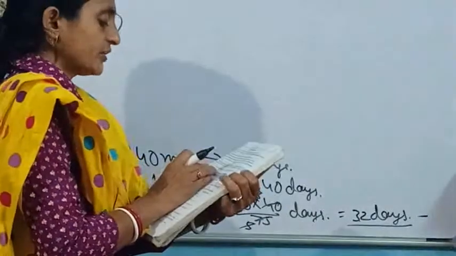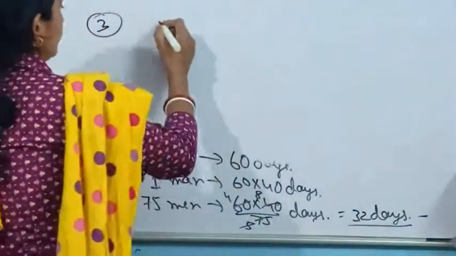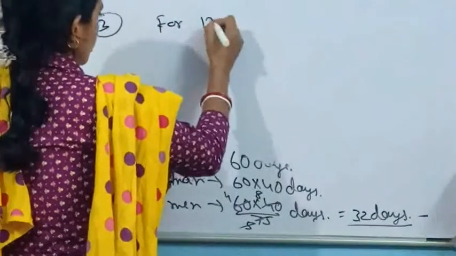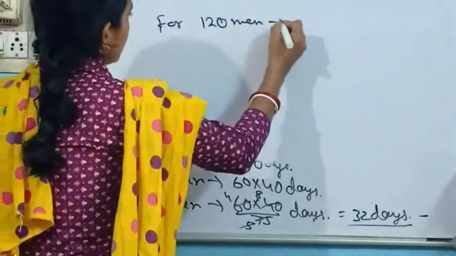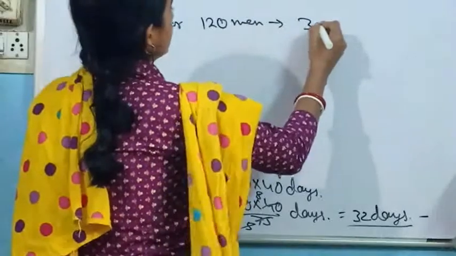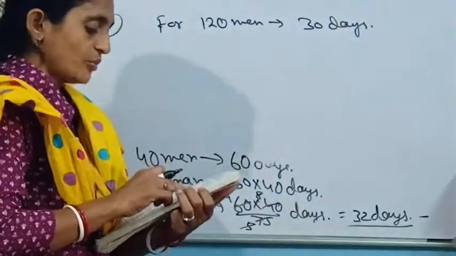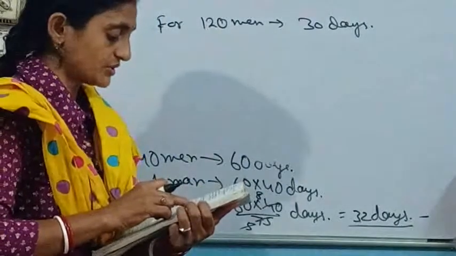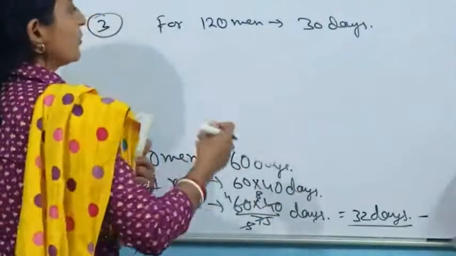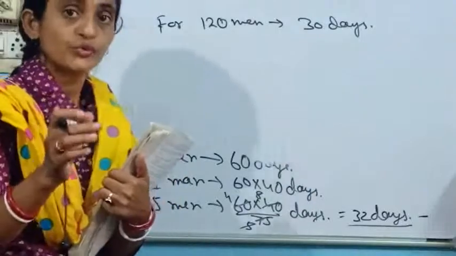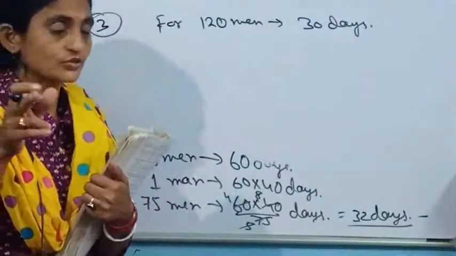The food is there for 120 men. If I am writing in short, for 120 men it is there for 30 days. Food is there for 30 days. Now, for how many days is the food sufficient for 100 men? So if the number of men is reduced, definitely the days will be increased. Yes or no?